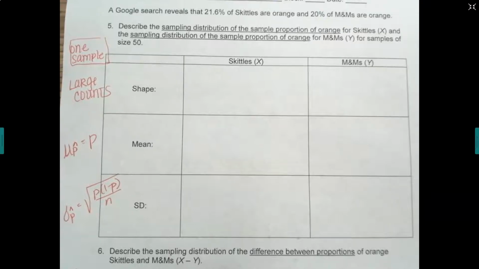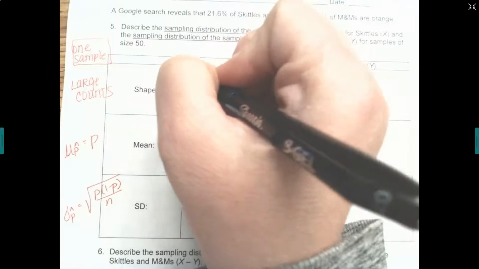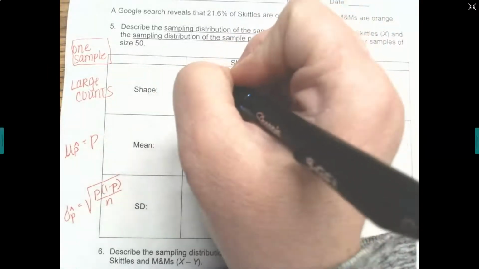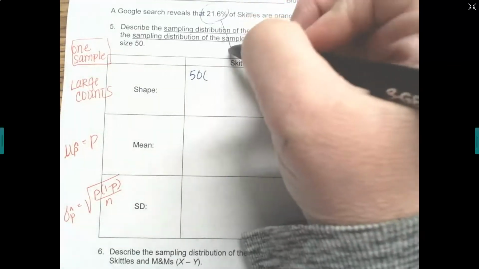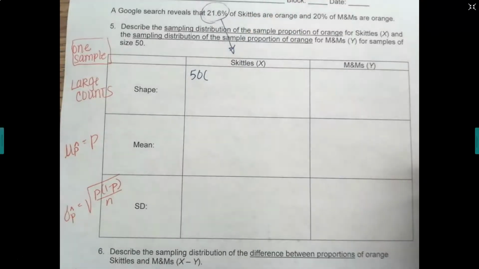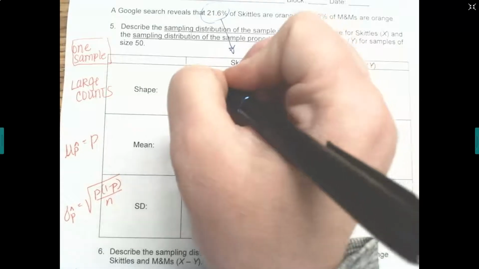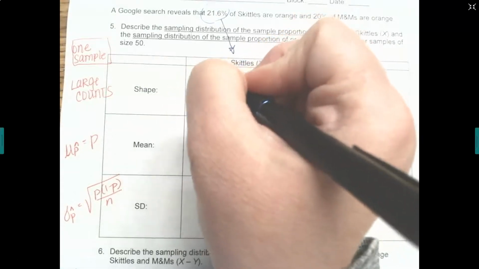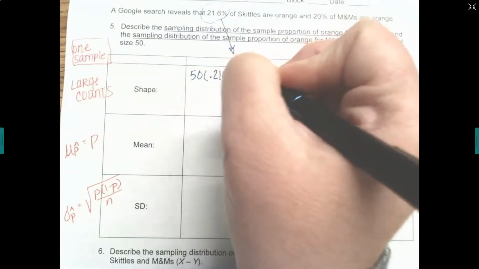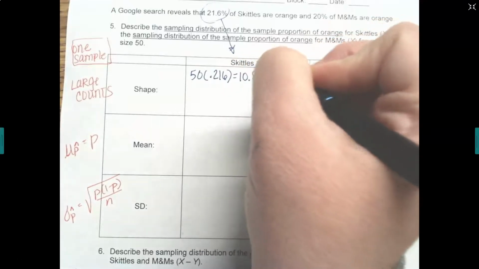So for our Skittles, for large counts you want to check n times p, so 50 times 0.216, because the Skittles population has 21.6%. So we're going to say 0.216 equals 10.8, which is greater than or equal to 10.